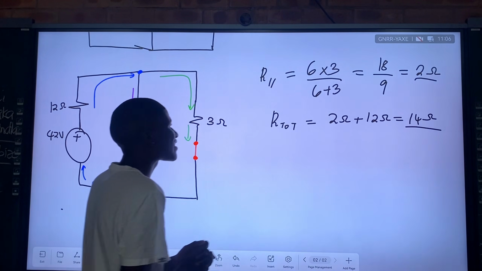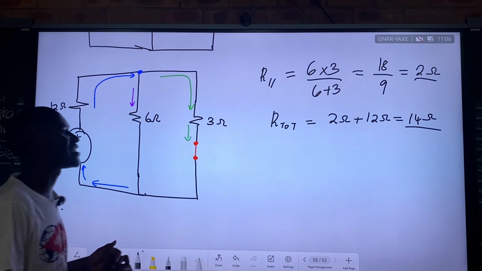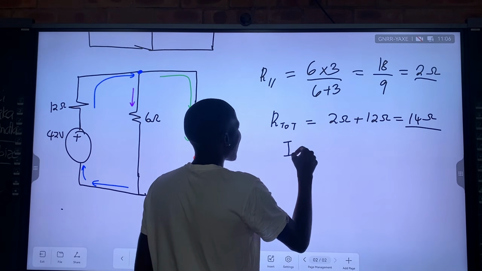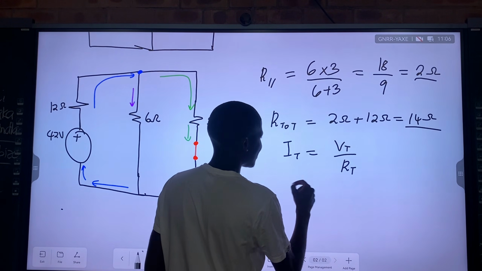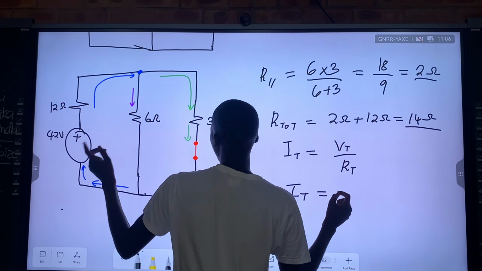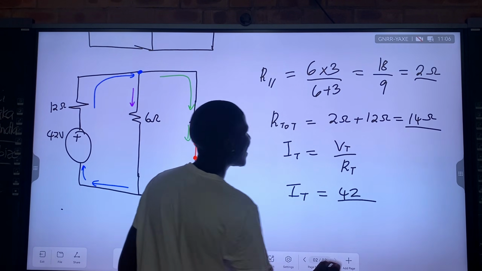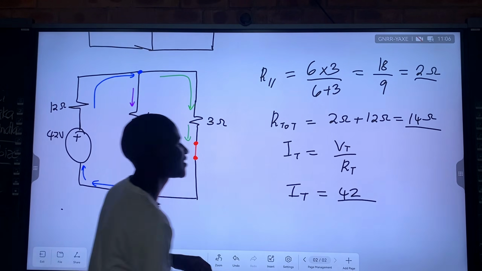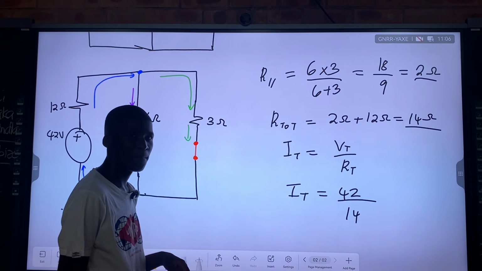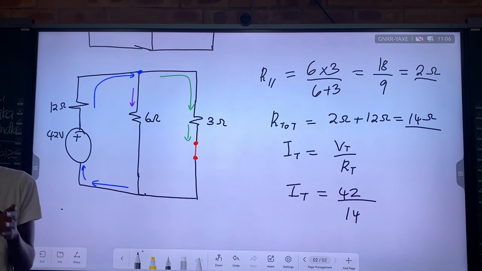After that, let's find the total current here. According to Ohm's law, the total current will be the total voltage over the total resistance, right? Which is 42 divided by the total resistance of 14 ohms. It's actually a voltage divider.